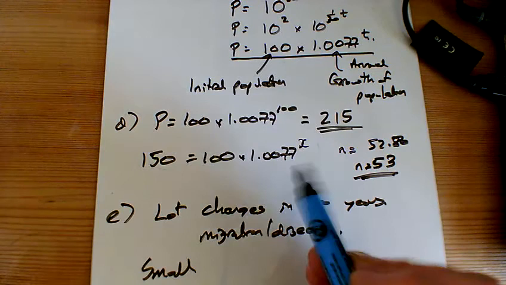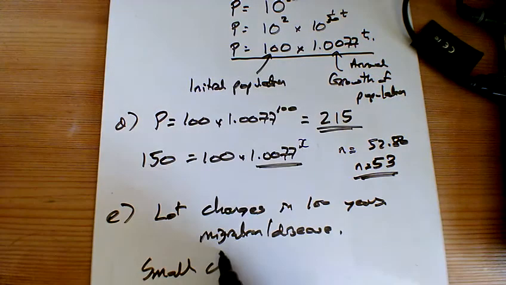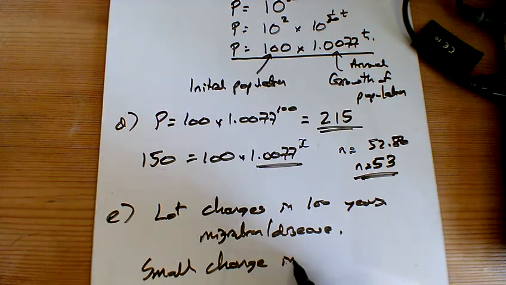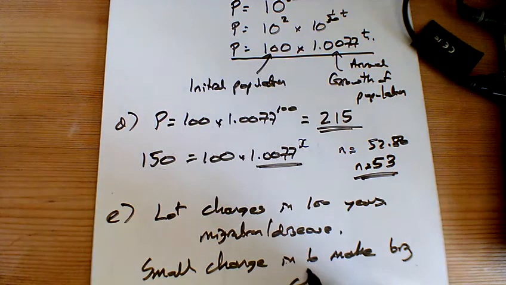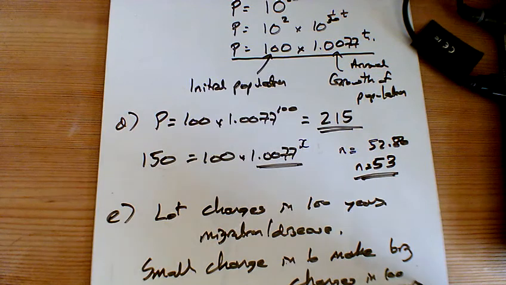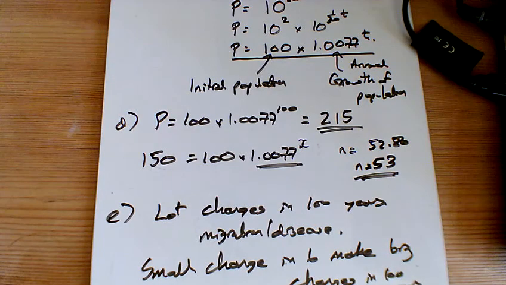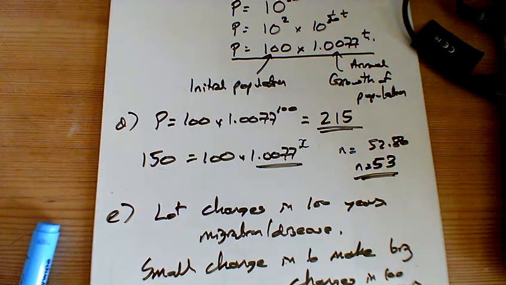I mean, we had to go to quite a number of decimal places here. So small changes in B make big changes in 100 years. So lots of reasons why the model predicts unlimited growth, but maybe the resources might run out. Maybe there's a restricted size, loads of different things to build.